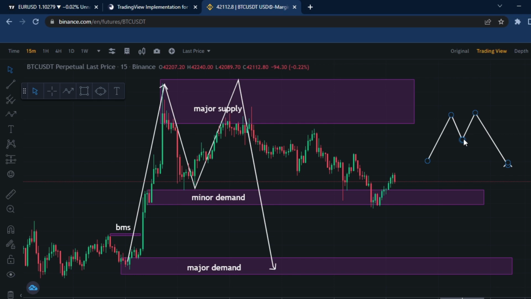So let me quickly fix my power here. So this one becomes our minor demand. So let me delete this. So at least we were right.